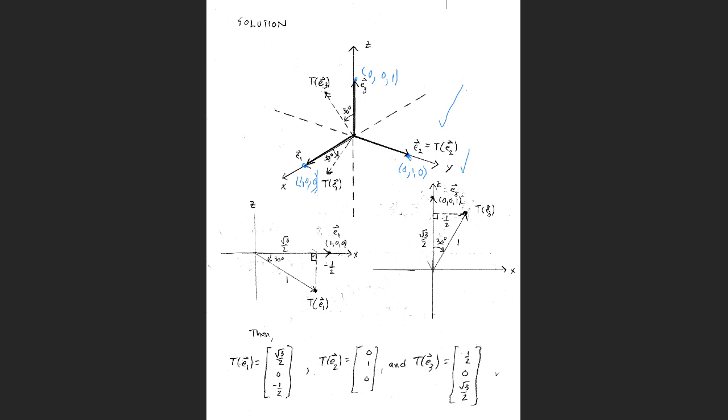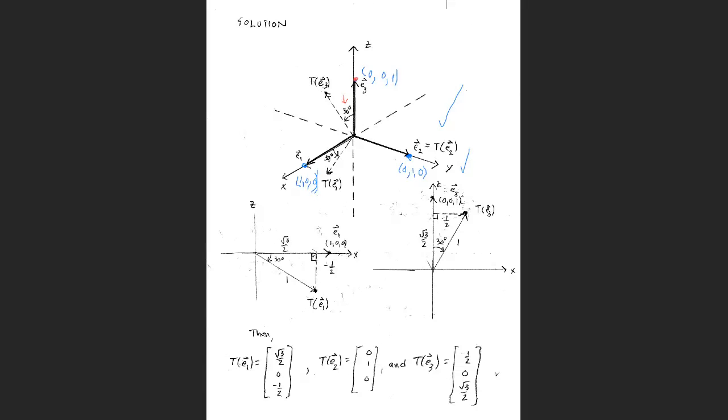That's right, Nafani, because E2 is on the y-axis. Rotating about the y-axis counterclockwise 30 degrees, any point on the y-axis would stay on the y-axis, but naturally the E3 vector up here gets rotated 30 degrees counterclockwise.